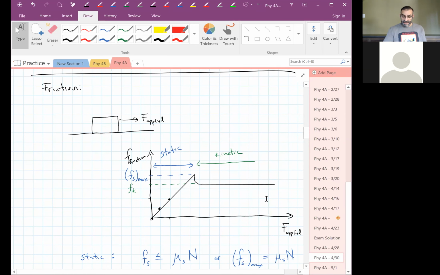So mu sub s is larger than mu sub k. Good question about this change here. I drew it, I would say it's instantaneous. This happens in a very short time interval. I kind of drew it like a curve, but I could have had it come straight down.